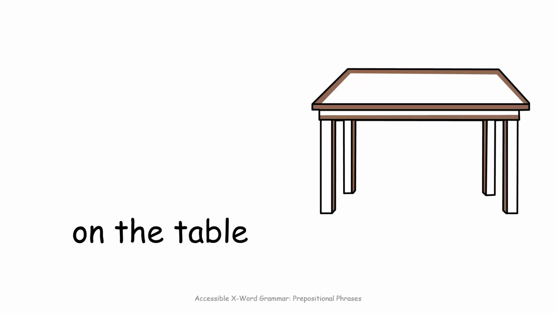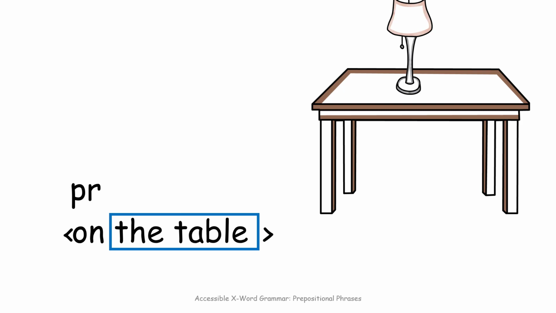Here is an example. On the table. On the table describes where the lamp is. We mark a prepositional phrase like this. So you can easily see the preposition, mark each end with a caret. Put PR over the preposition, then put a box around the noun box.